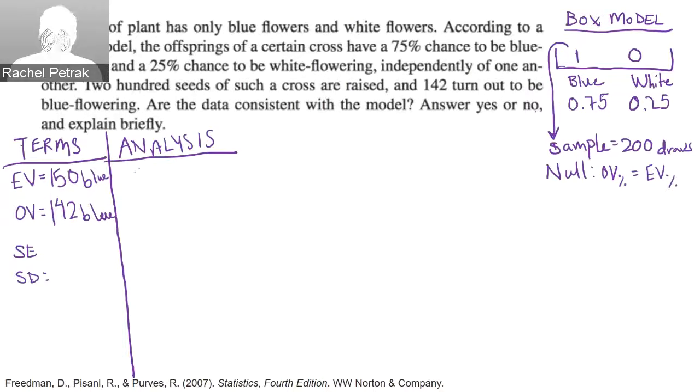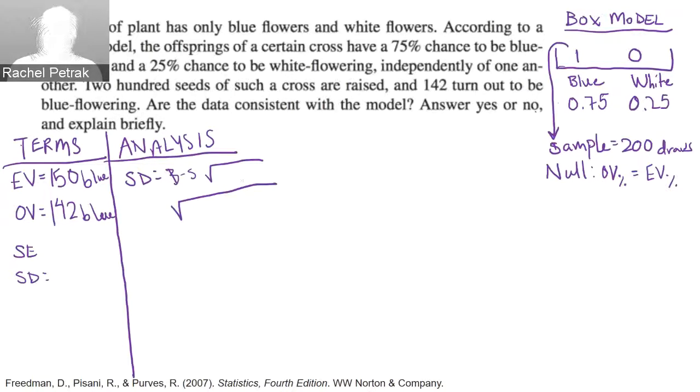And we're going to need to use our handy standard deviation shortcut for our box. We know by now that when we have a 1, 0 box, the 1, 0 is going to cancel out.